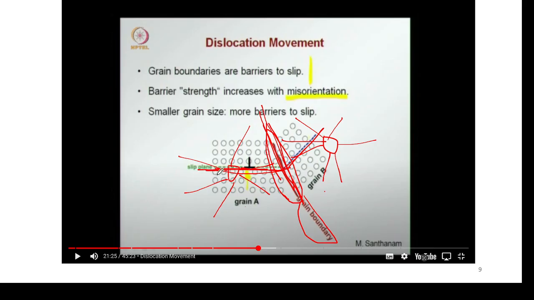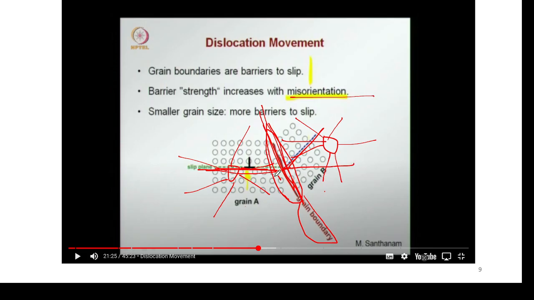Because of that, the slip propagation becomes difficult. This misorientation acts like a barrier, and because of it, the slip may not continue further in this direction alone. So, it prevents the slip from occurring.